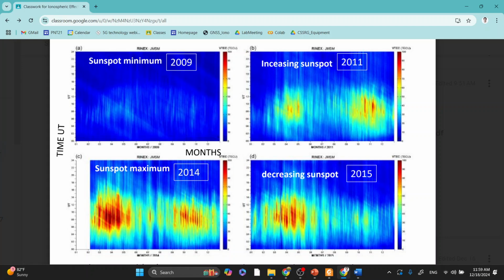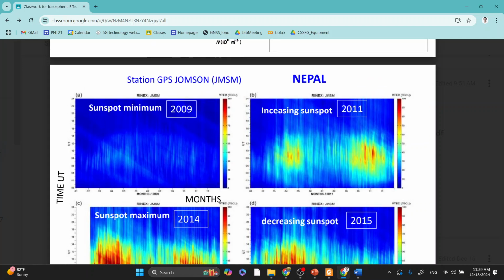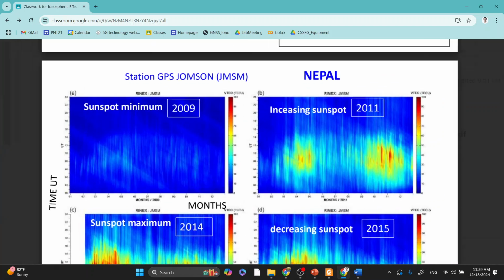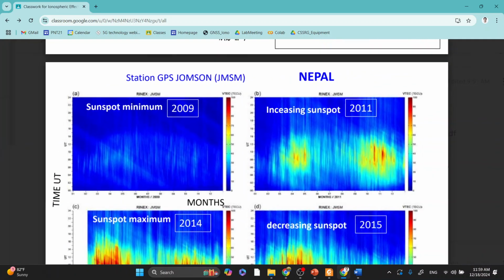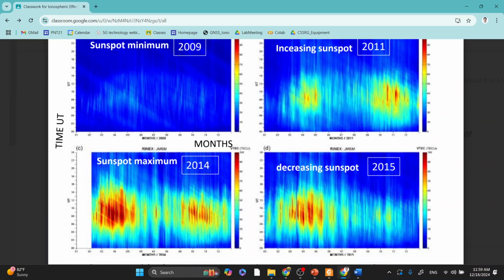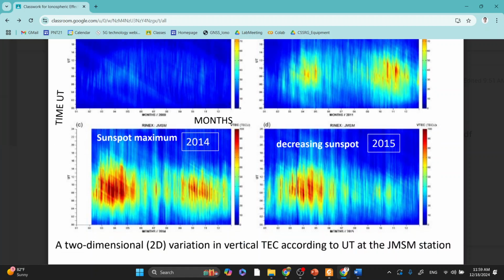So very clear that during equinox, you see high values observed. Is this TEC or ROTI? Let me see. It's VTEC. I see. Okay. Yeah. So you see higher variation in vertical TEC during equinoctial months.